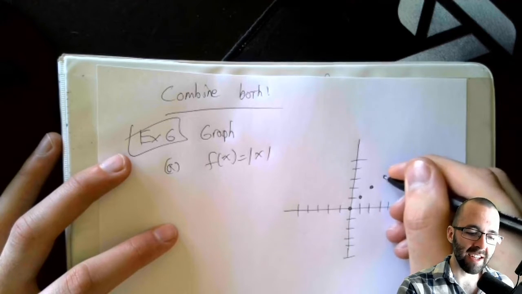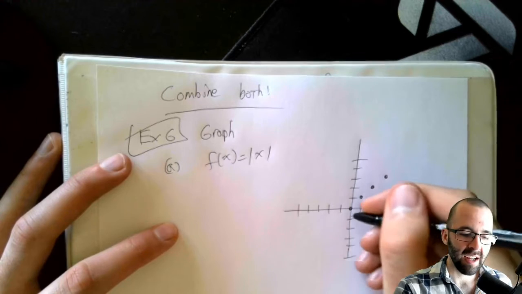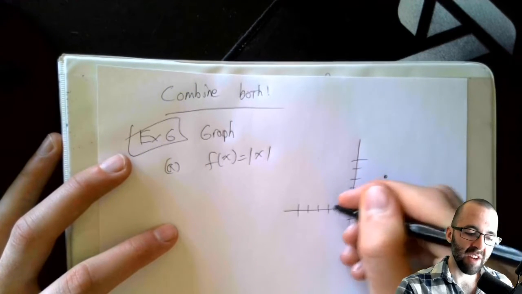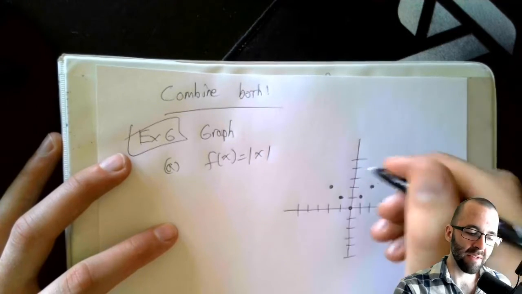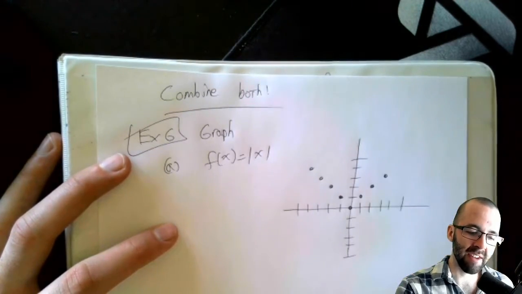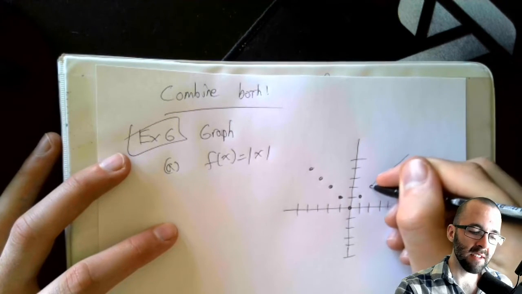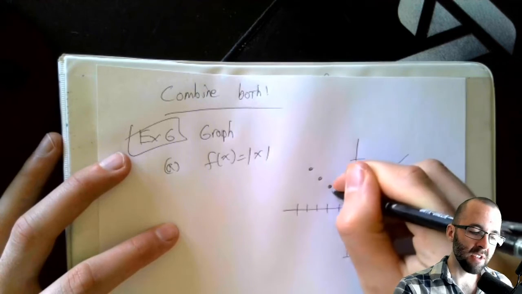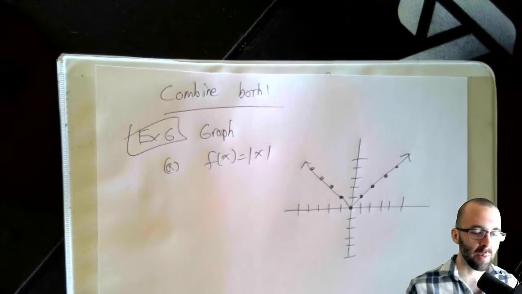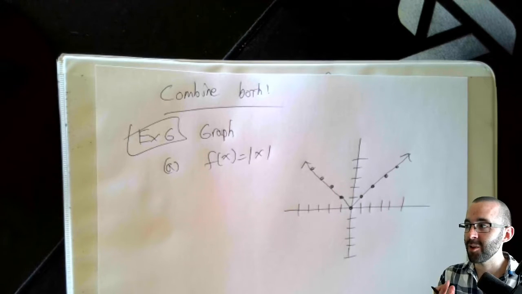Absolute value of 3, you get the idea, right? Yeah, it's a V, Stella. Good. Absolute value of -1 is positive 1. Absolute value of -2 is positive 2. And again, you see the trend. So this is the absolute value function, and it's one of your toolkit functions. If you memorize those toolkit functions that we've been talking about the whole semester, it will get much easier for you.